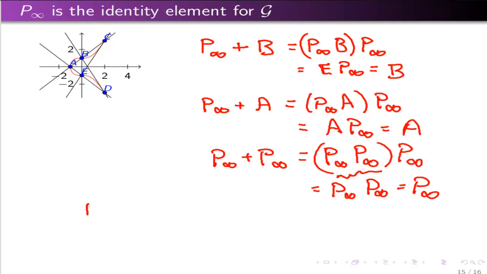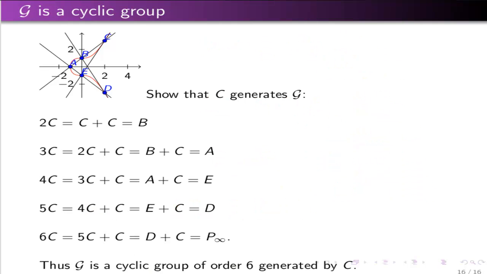This will be a formal definition for now, and in the next section, we'll make rigorous this point at infinity. P infinity plus P infinity equals P infinity. And thus we have an identity element with respect to our binary operation.